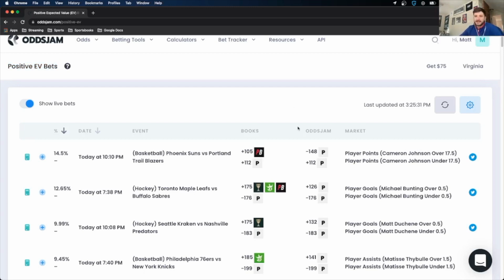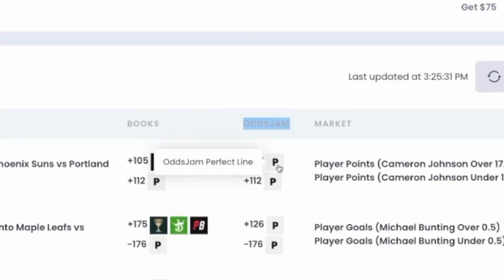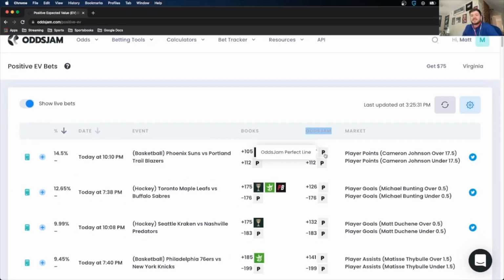But either way, like I said, this is the OddsJam page. So here is how OddsJam calculates positive expected value. In the example of expected value, I said that we calculate the sports bettor's expectation of an event. That is what OddsJam does for you, and it calculates the OddsJam perfect line. So the OddsJam perfect line is the sharpest line out there.